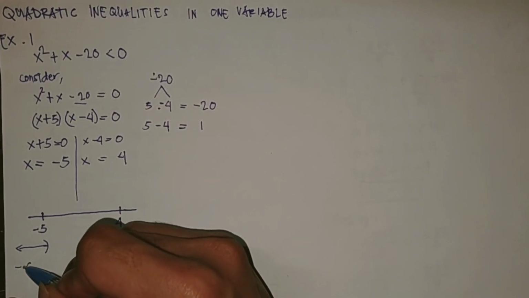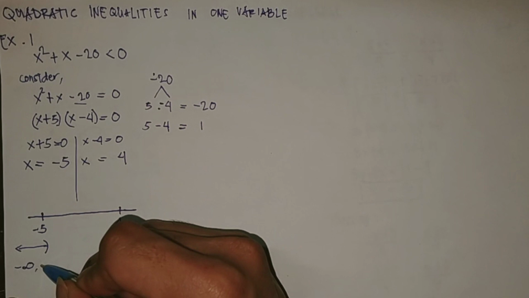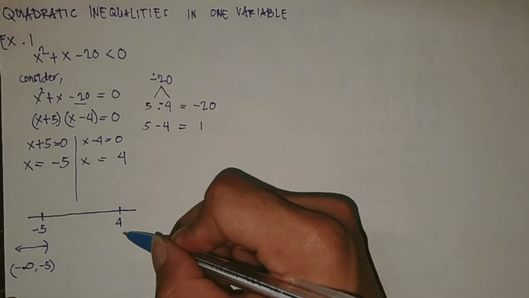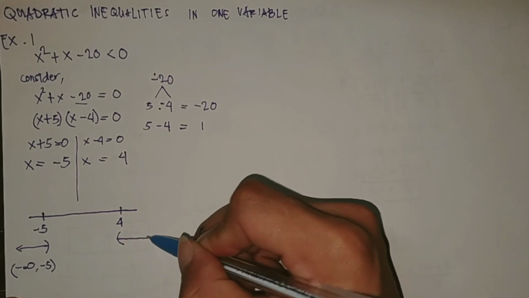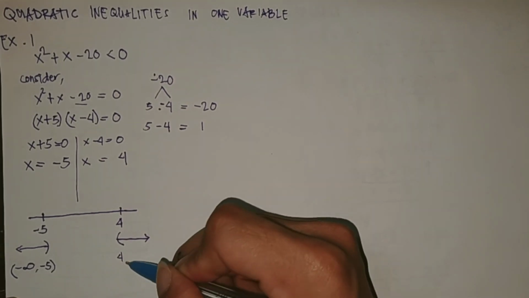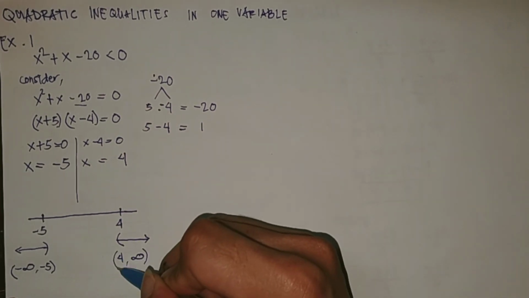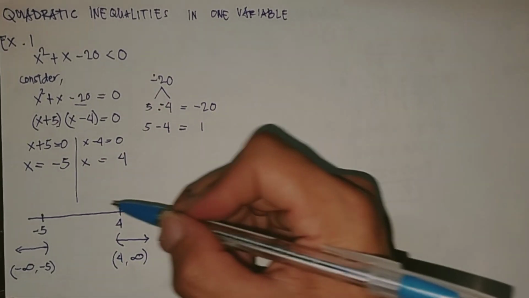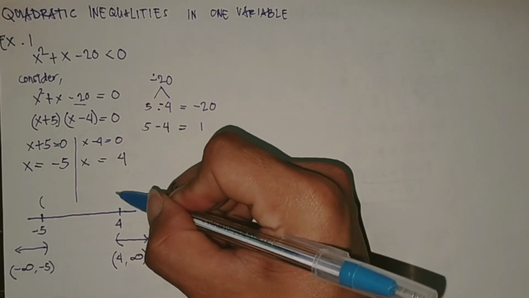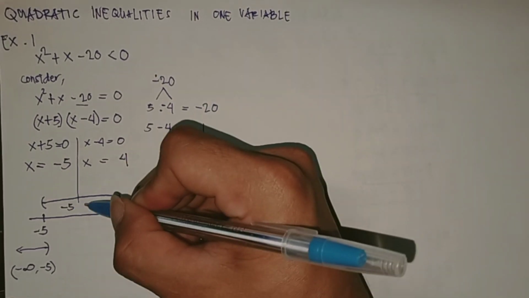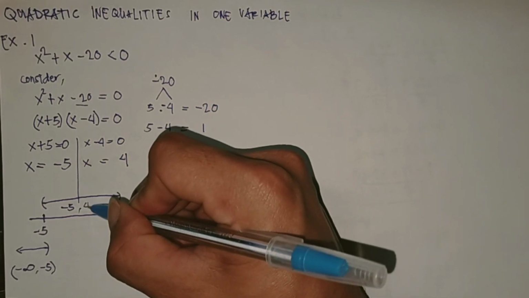We have an interval of negative infinity to negative 5, and another interval, positive 4 to positive infinity, and the interval of negative 5 to positive 4.